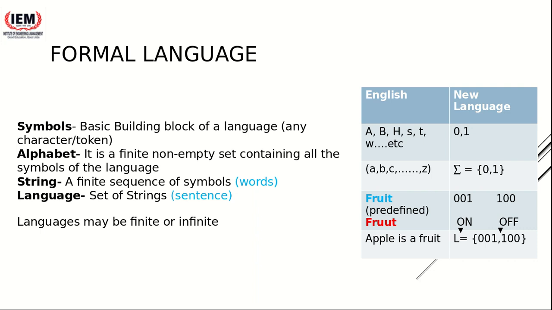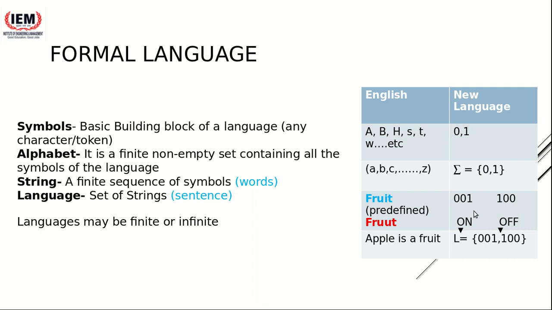Similarly, in our new language, the only thing known to us is that we can use 0 and 1, and we can construct any and every string using 0 and 1. Since I am the designer of my new language, I say that 001 is a string and 100 is a string. 001 means on, 100 means off. You might say that 001 might not mean on, maybe 000 is on.